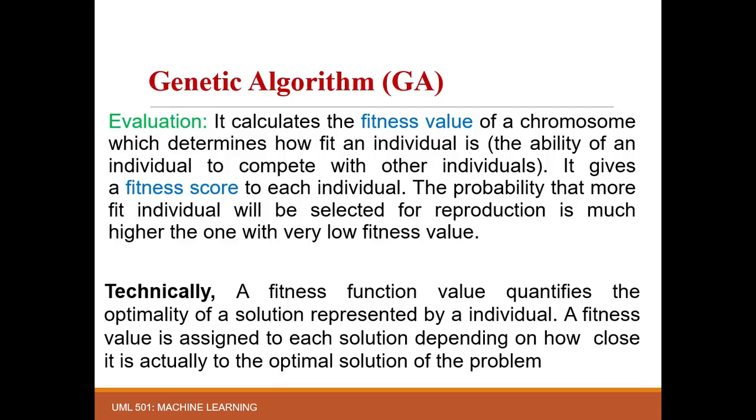So technically fitness says how optimal that solution is in your population, which is representing an individual. The fitness value is assigned to each solution depending on how close it actually is to the optimal solution to the problem. So fitness value determines that in terms of mathematics.